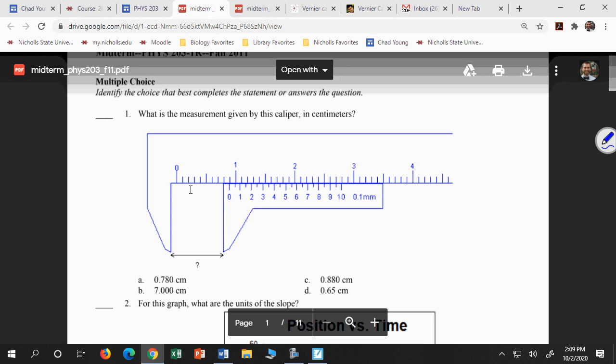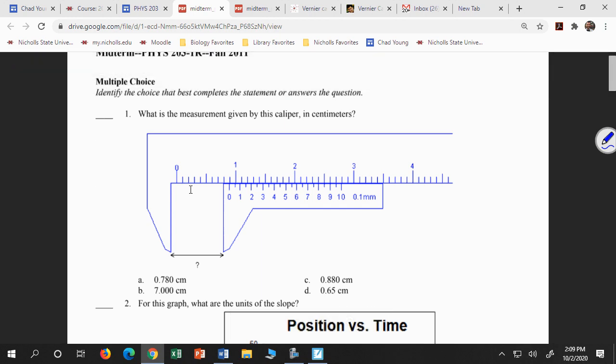So remember, with the caliper, the first thing that you do is you look at this point right here. A common error that people make is that they look here. That's not what you do. You look at where the 0 lines up with a tick mark on the top. So not right here. You look right here.